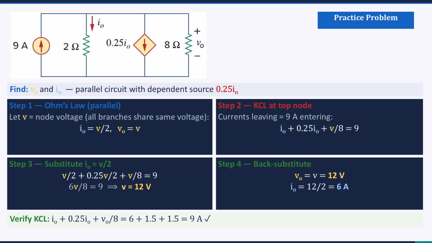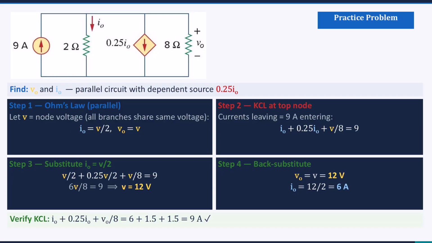Step 3. Substitute I0 equals V over 2. This gives V over 2 plus 0.25 times V over 2 plus V over 8 equals 9. Simplifying, we get 6V over 8 equals 9, so V equals 12 volts. Step 4. Back substitute.